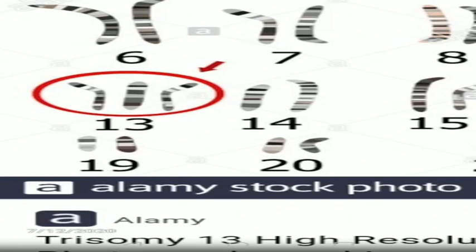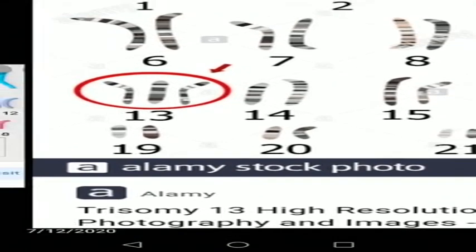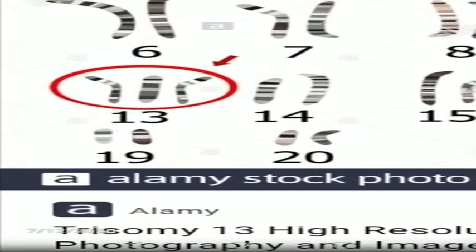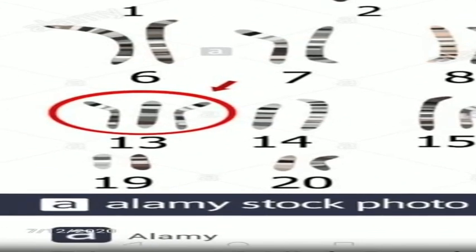Next, allosomal abnormalities in human beings. As I mentioned earlier, there are 46 chromosomes. Out of 46 chromosomes, up to 44 we call autosomal chromosomes. All those 44 chromosomes are equal, whether male or female.